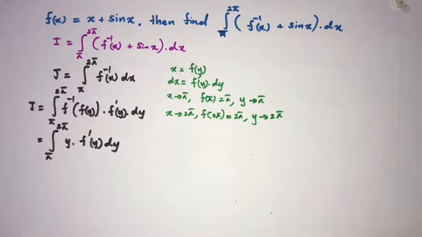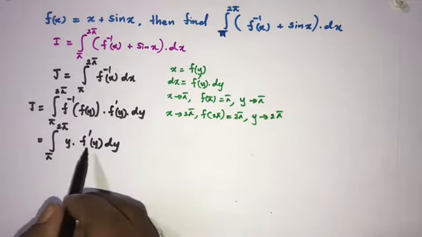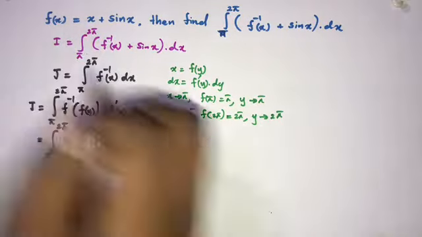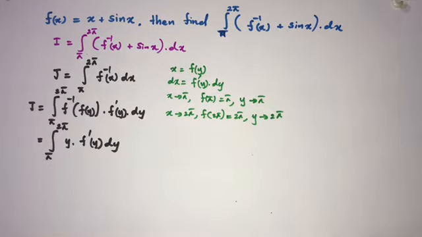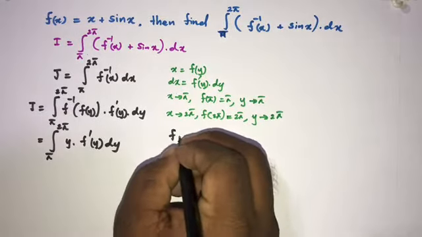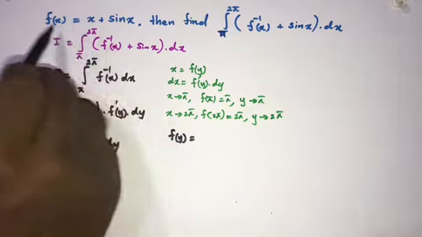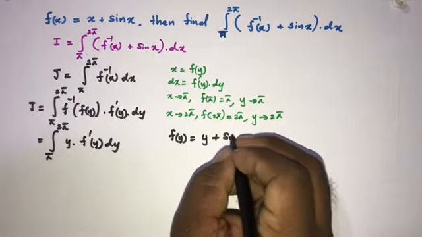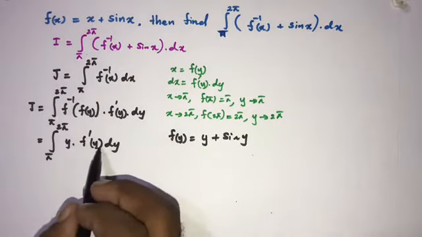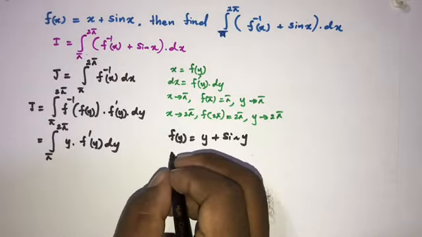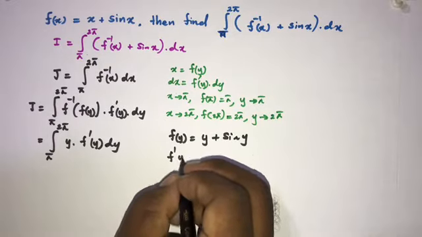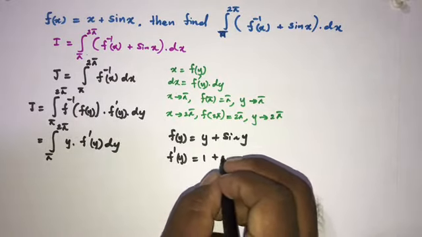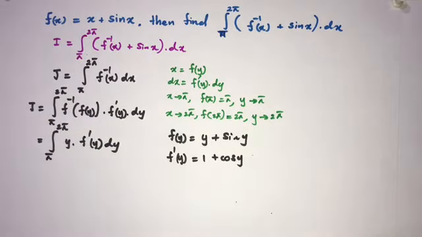Then we need f dash of y. We know f of x, so we can write f of y is equal to y plus sine of y. Differentiating, f dash of y is equal to 1 plus cosine of y.